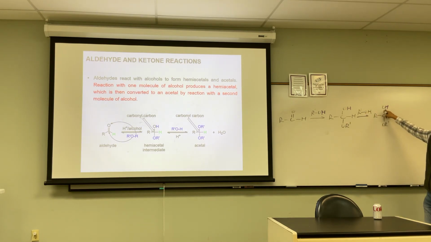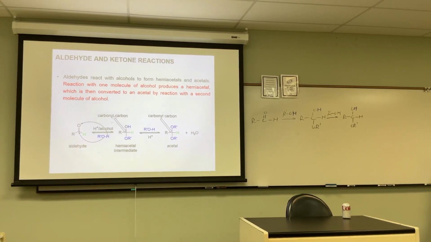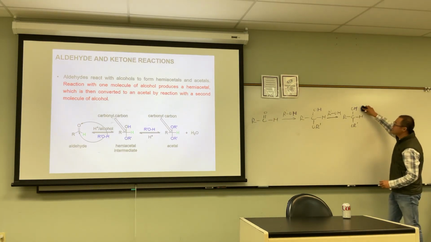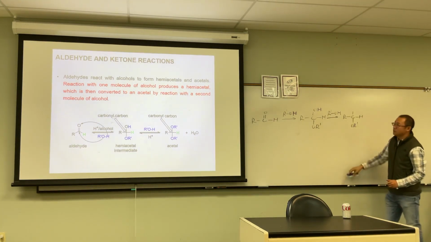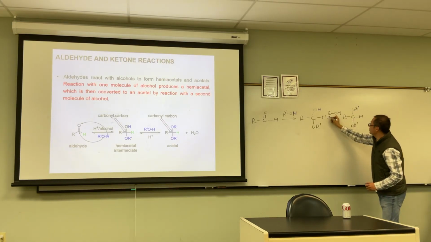Does it still show on the screen, on the recording? Now we can move a little bit. There we go. If I want to add another alcohol, I replace this OH with the O again, with that O again, here.